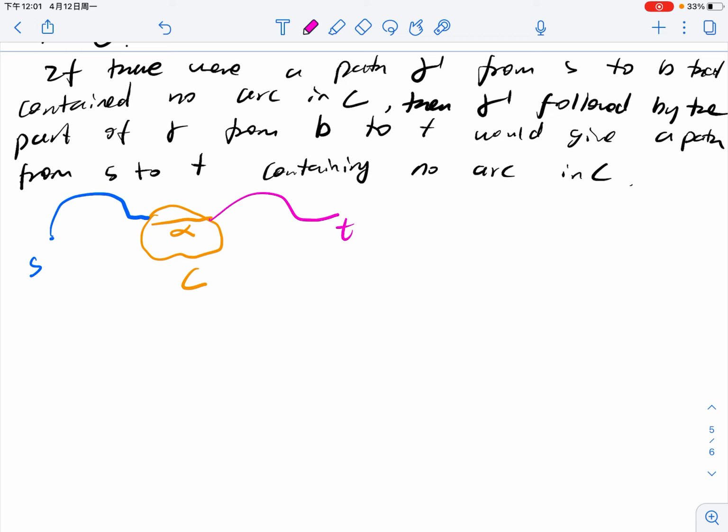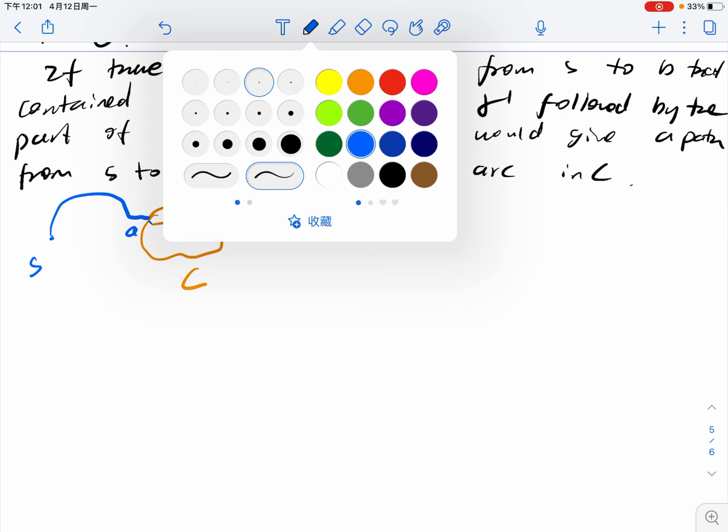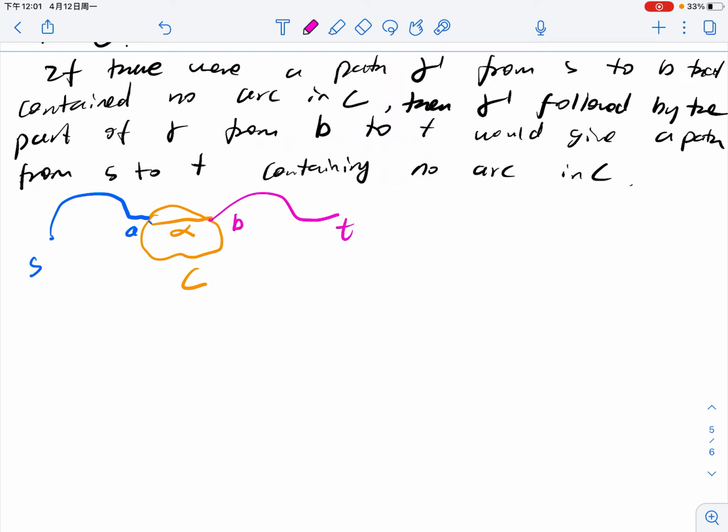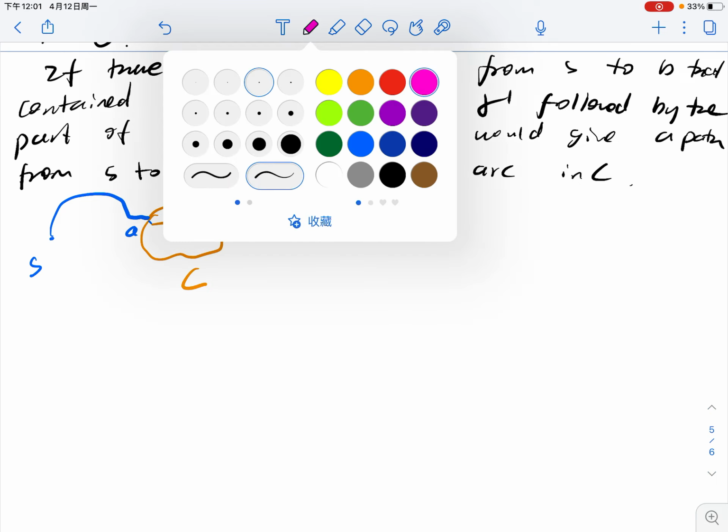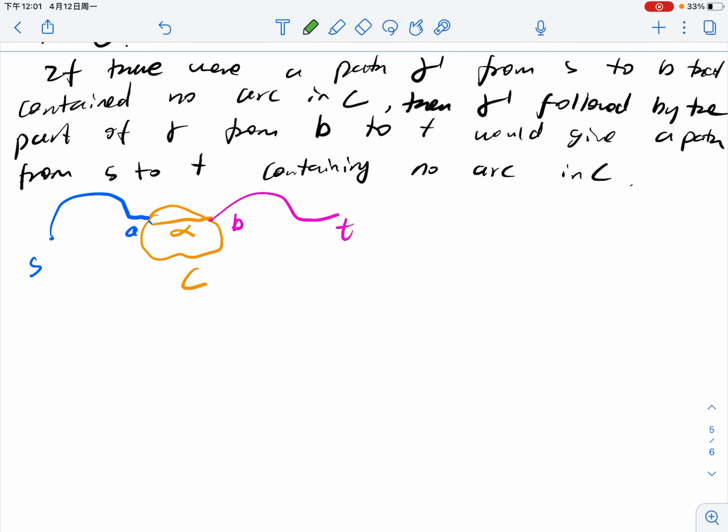Okay, so this is A, this is B. So if you have a path gamma prime from S to B without any arcs in C, then we consider the green part with the pink part.